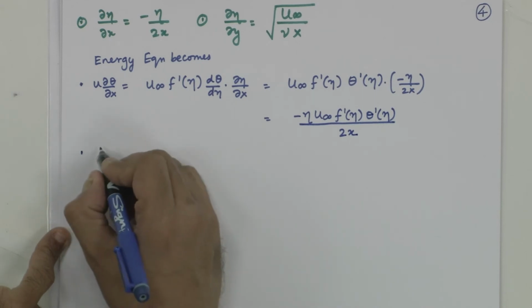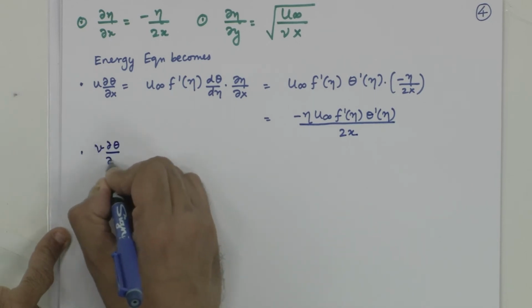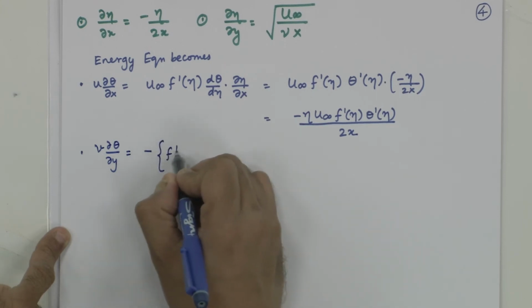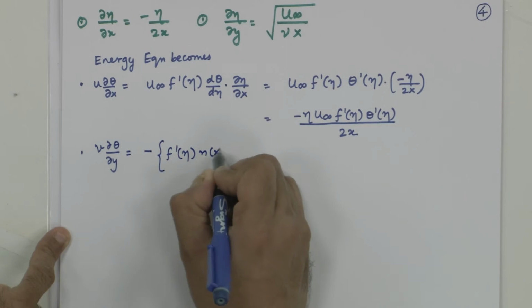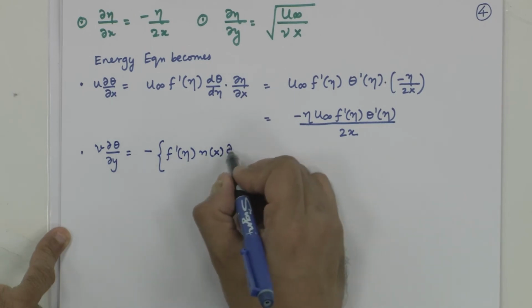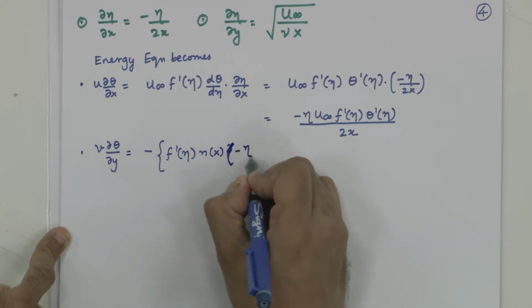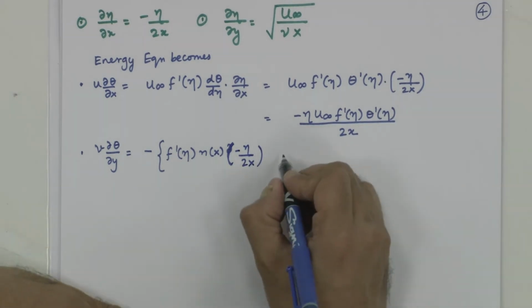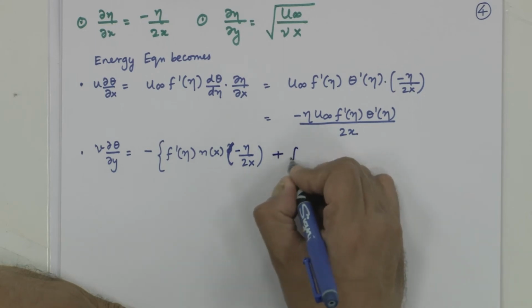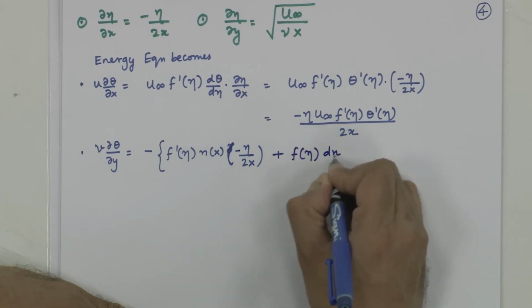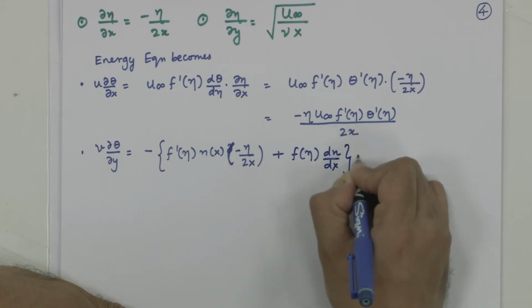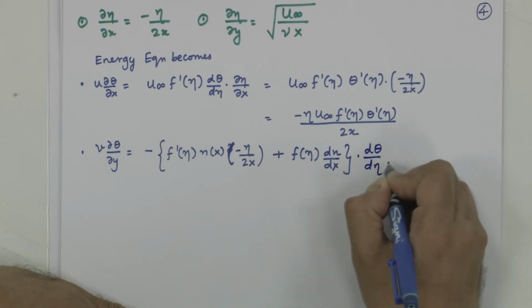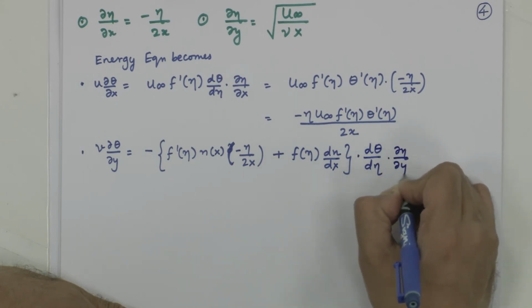Second term is v dθ/dy. I substitute for v, this is (−f'(η) η(x) dη/dx). So dη/dx is −η/2x plus f(η) dη/dx, times dθ/dη times dη/dy.